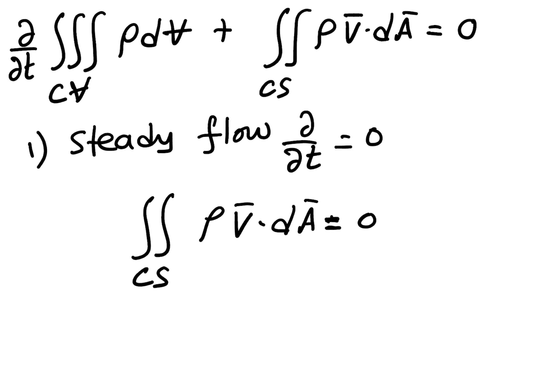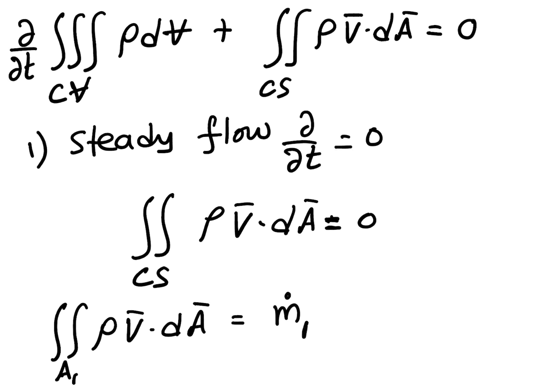Okay. This can also be written simply as, if you take a particular area A1, rho v dot dA is the mass flow rate across the area 1. Or in general you can write this as the integral over Ai is the mass flow rate across that area.